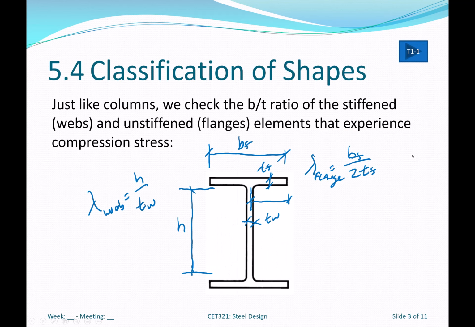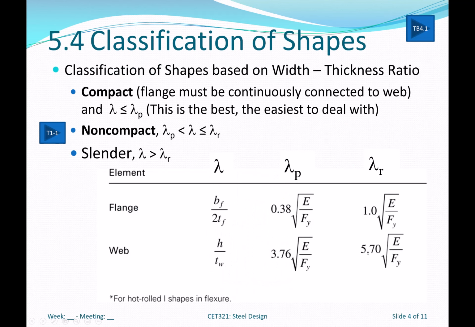Now if we move into the specification, this table is based upon the specification, just the parts that we need for a wide flange shape. Again, our objective is to decide if the cross section is compact, non-compact, or slender. It's going to be governed by the worst case scenario between the flanges and the web.